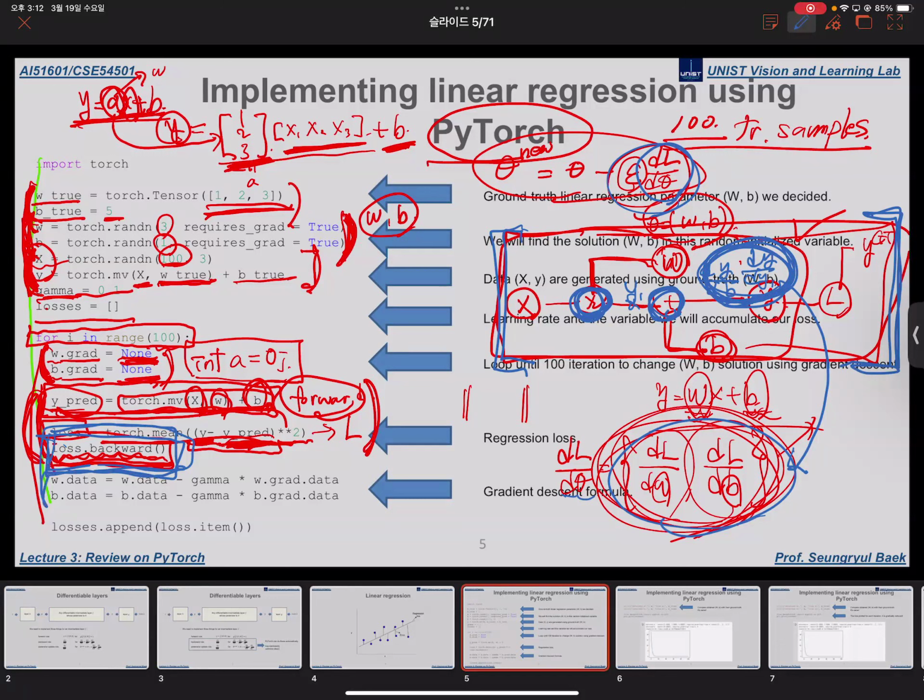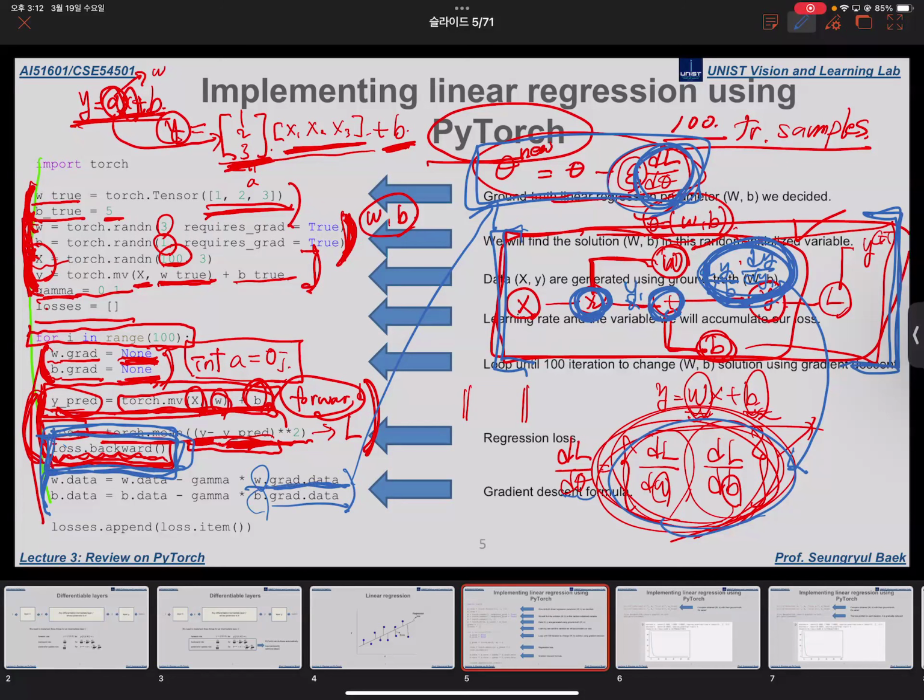And then this is similar to this formula, right? Because you already calculated your gradient, which is dL/dθ. So dL/dθ is already set for each parameter vector value after calling this loss.backward function.